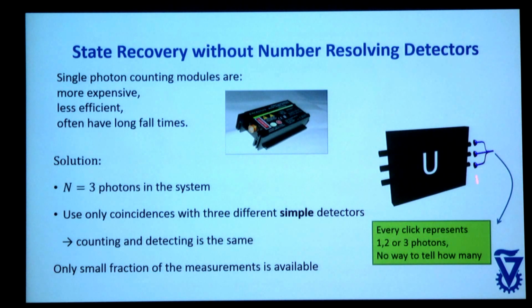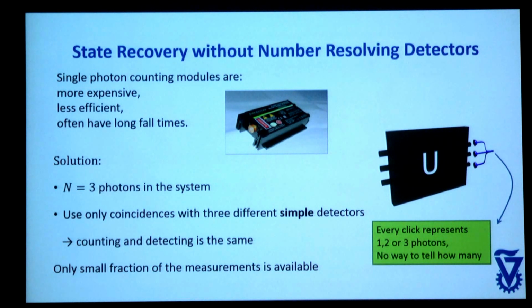So we want to use the simple detectors that only know how to click, not count, in order to recover the state, which you would normally need counting detectors to do. So our solution is to say, OK, we have 3 photons in the system. Why not use only coincidences where you have 3 different detection events?